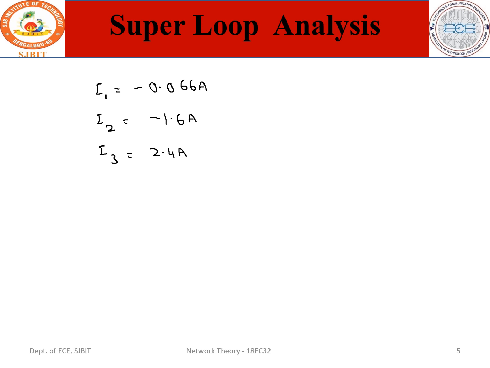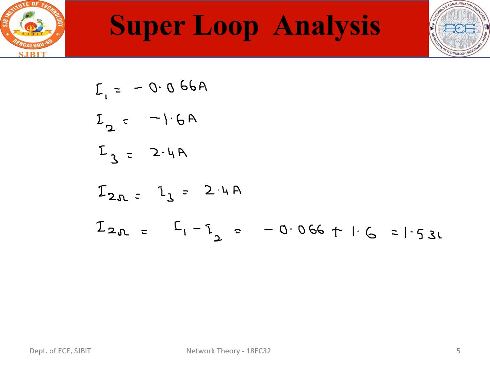We have to find the current flowing through the 2 ohm resistor, and in this problem there are 2 ohm resistances. Therefore the current flowing through the 2 ohm resistance is I3, that is equal to 2.4 amps. In the other resistor, the current flowing is I1 minus I2, that is I1 is minus 0.0666 minus I2, that becomes plus 1.6, so that is equal to 1.534 amps.